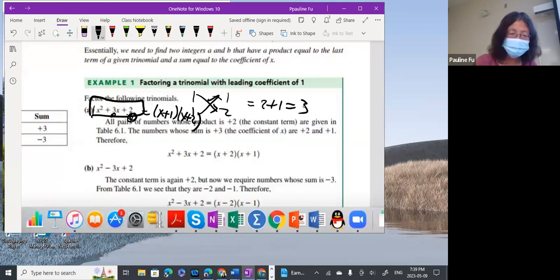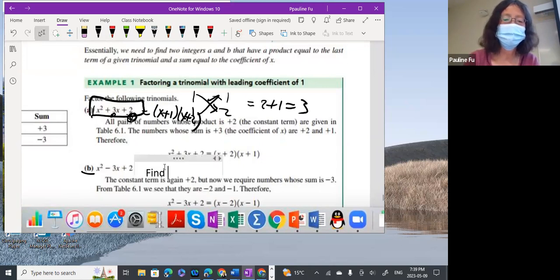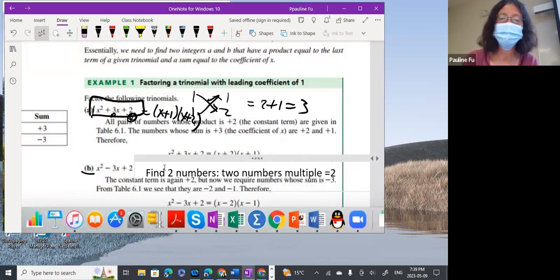Okay. Do question B. This time I want to type because this is important. So how do you do question 2? Find 2 numbers. Which 2 numbers? These 2 numbers multiply together equal to 2.